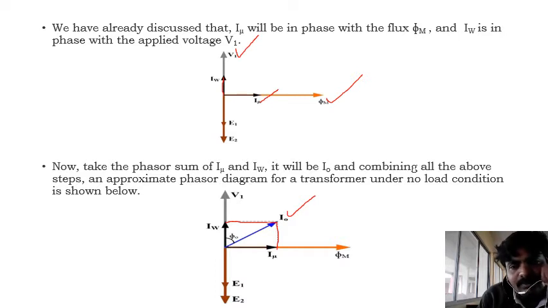Then join this point with the origin, and you will get I0. Here I0 is the phasor sum of I mu and IW.